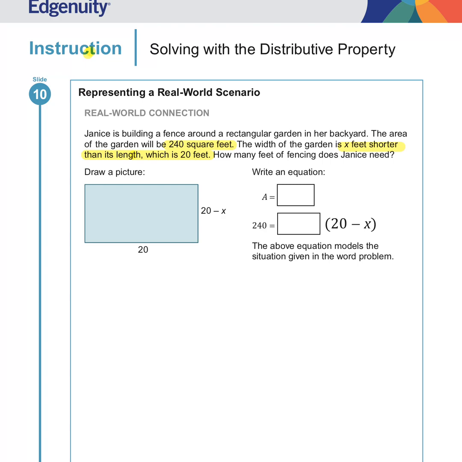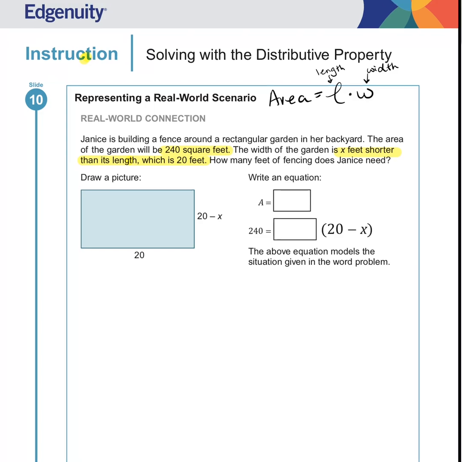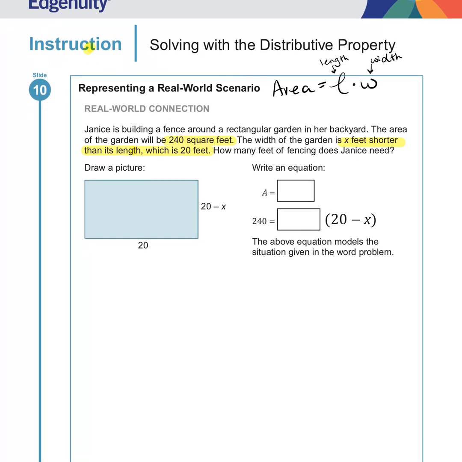So our area, right? Remember that area is equal to length times width. It's telling me my length is 20. So my area equals, see, look at that already, length times width.